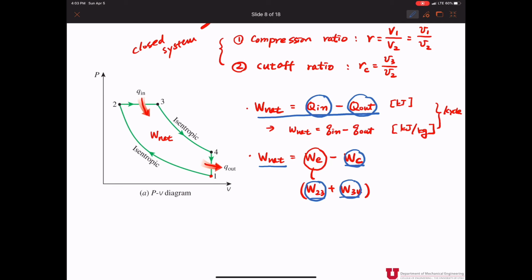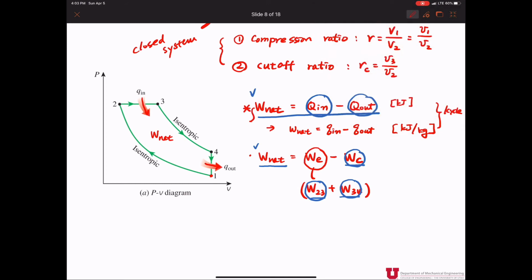And obviously, no matter what equation you use, the net work should give us exactly the same value. Okay, so that is totally up to you. Okay, and sometimes you have to do both. But if you really just directly are asked to calculate the net work, then I would use rather this one than the second equation.